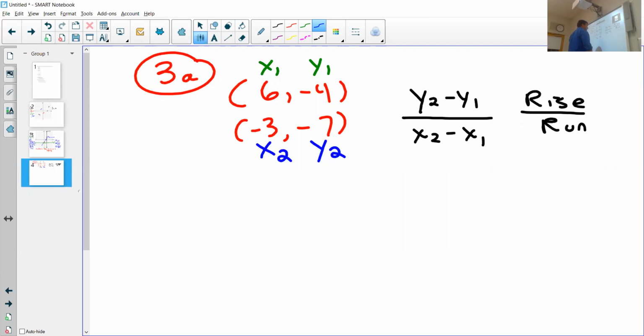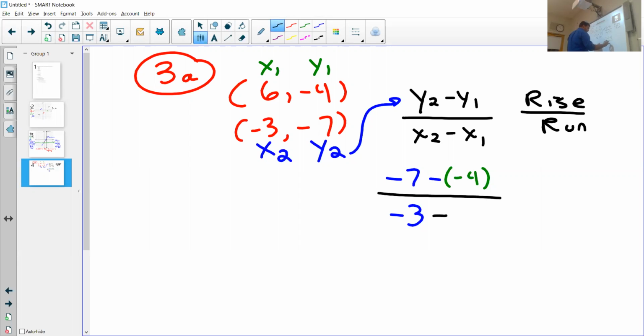Then we set it up to solve. I'm plugging in everything, so y2 goes first: -7 minus y1, which happens to be -4, over x2, which is -3, minus the x1, which is 6.